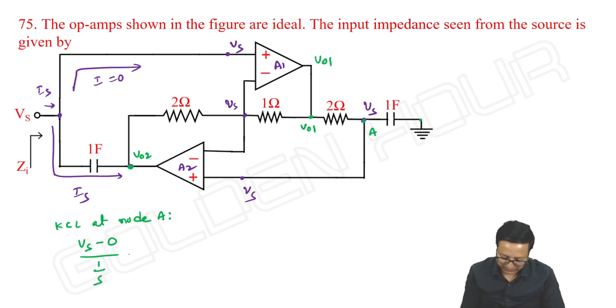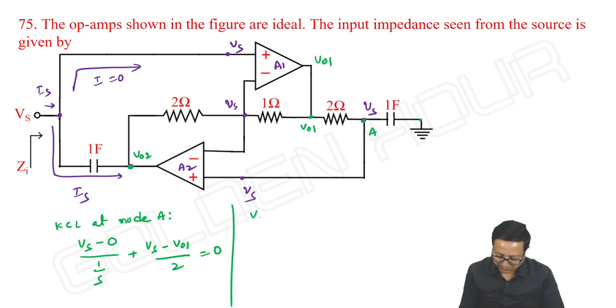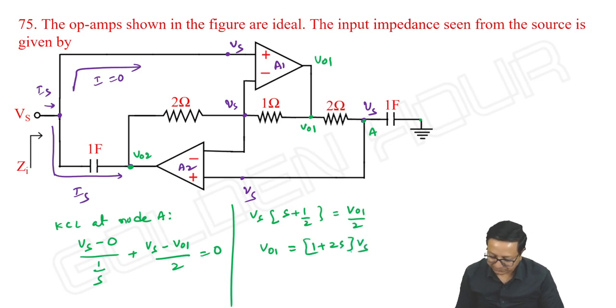So Vs plus Vs minus VO1 by 2 is equal to 0. Okay. Then Vs into s plus 1 by 2 is equal to VO1 by 2. So what is VO1? It is 1 plus 2s into Vs. Okay, VO1 we have got by taking this node equation.